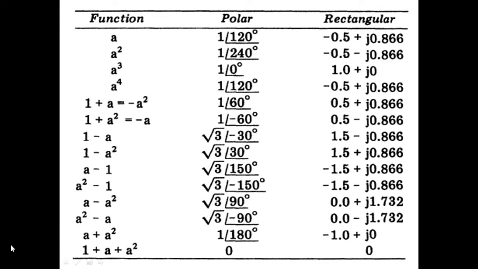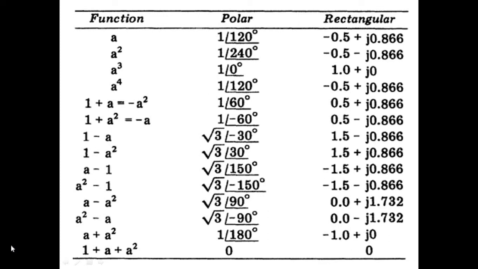Then 1 plus a squared is equal to minus a, that is 1 angle minus 60, 0.5 minus j 0.866. 1 minus a: root 3 angle minus 30, 1.5 minus j 0.866.